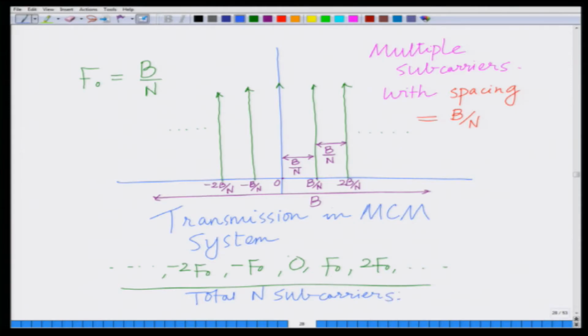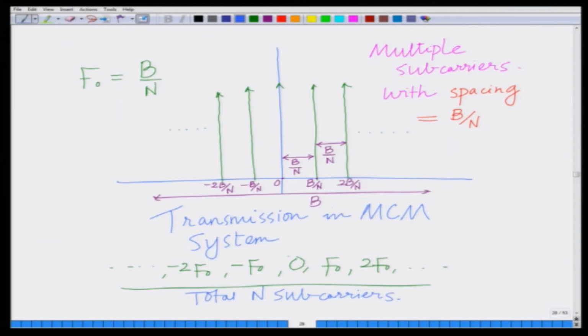We have divided the bandwidth B into N subbands. The bandwidth of each subband is B by N, and in each subband I am placing a subcarrier. So, we have subcarriers at 0, B by N, 2 B by N. On the negative side we have subcarriers at minus B by N, minus 2 B by N.